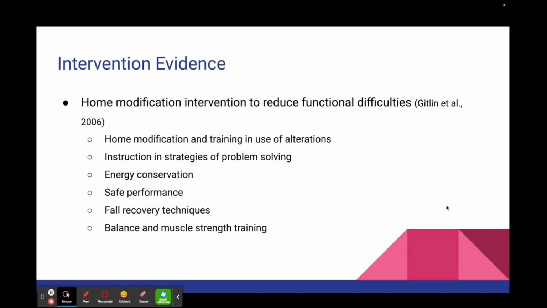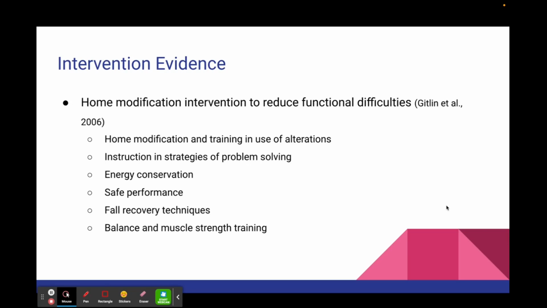This study, conducted by Gitlin et al. in 2006, tested the efficacy of a multi-component intervention in order to enhance self-efficacy and adaptive coping in older adults with chronic conditions, which includes MS. Outcome measures included self-rated functional difficulties with ambulation, IADLs, ADLs, the fear of falling, confidence in daily tasks, and use of adaptive strategies.